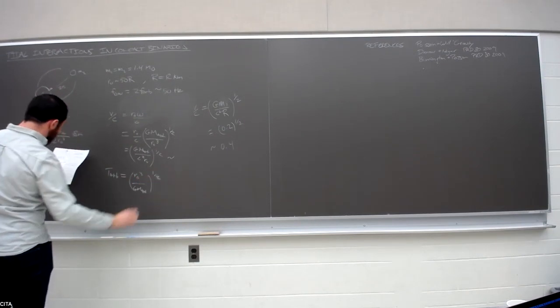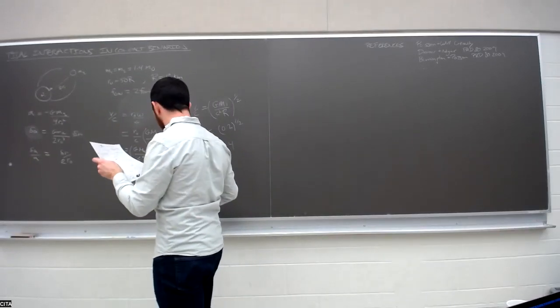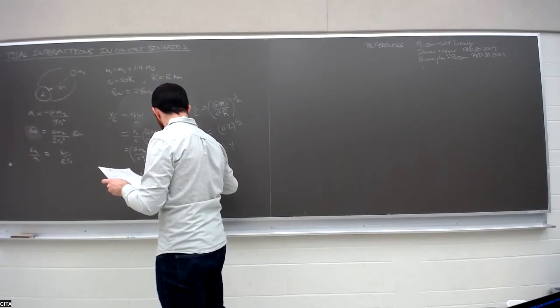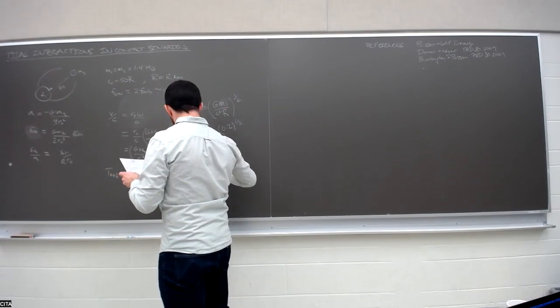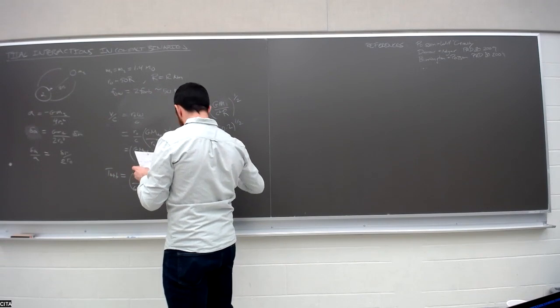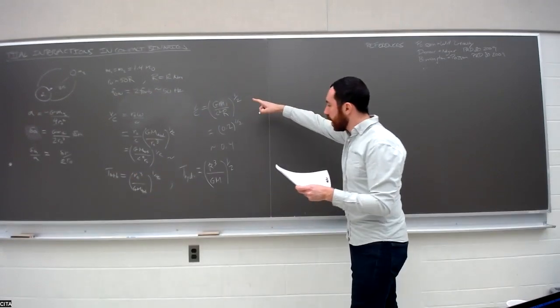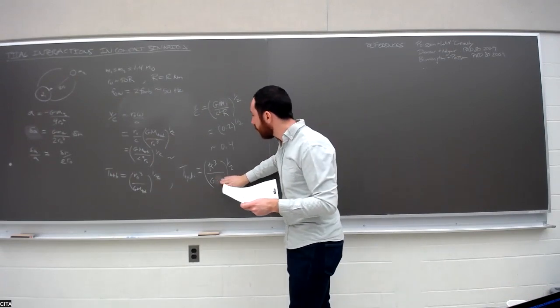And then the hydrodynamical time scale inside the compact object is going to be r cubed over GM to the 1/2. So just related to this, sorry, this should be an M1.